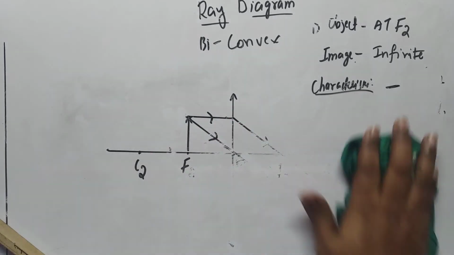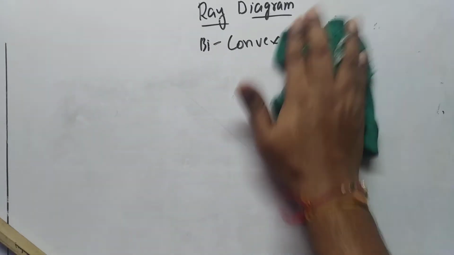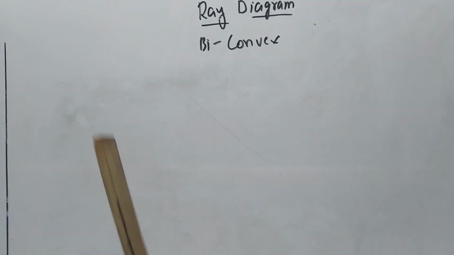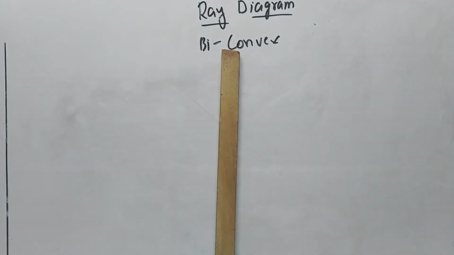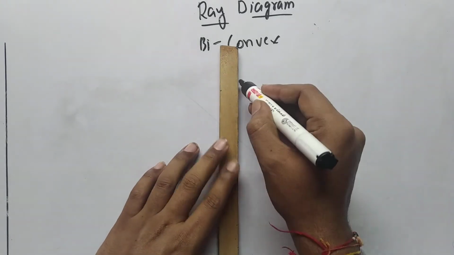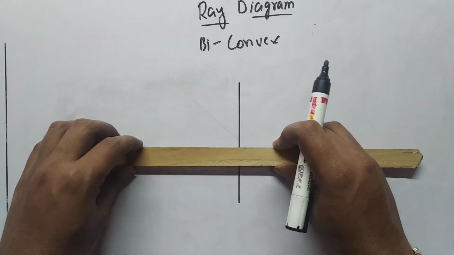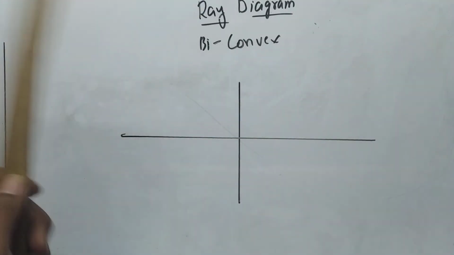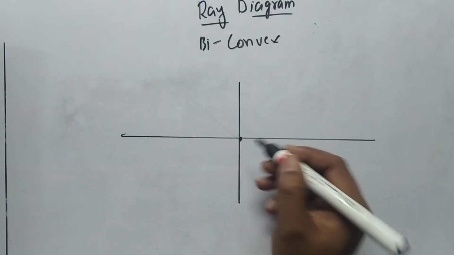Next, the last case is sixth case, when the object will be placed in between optic center and focal point, not optic center and center of curvature. So this is somewhat important, and most of the time we will be finding an image which is virtual.